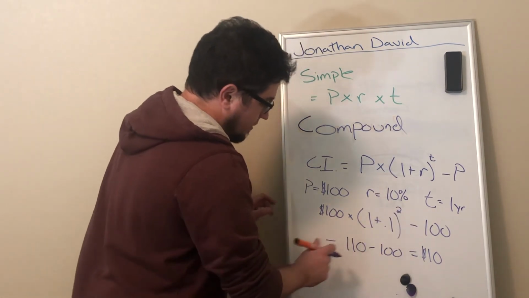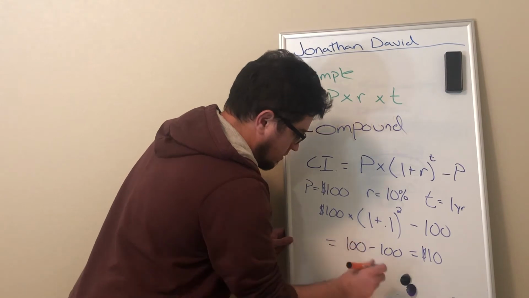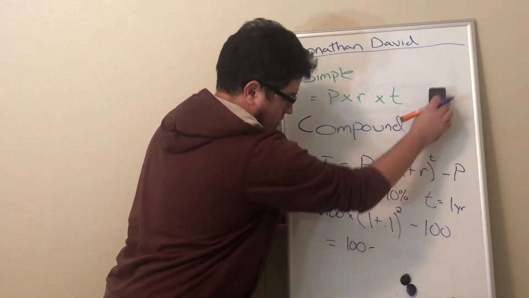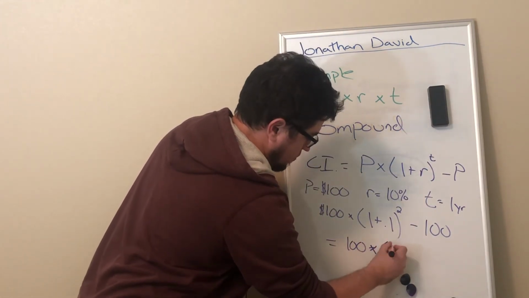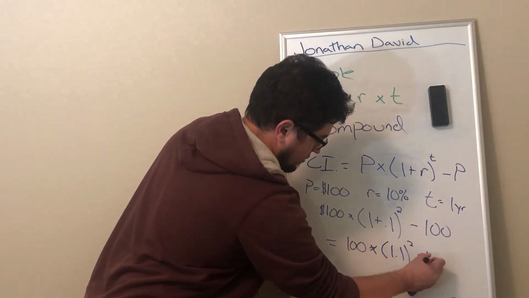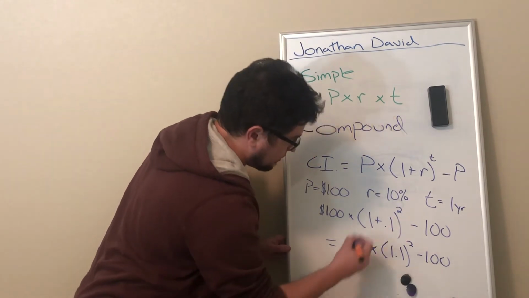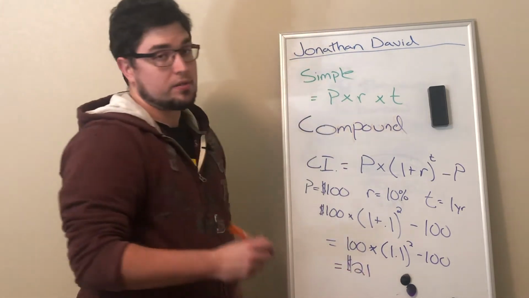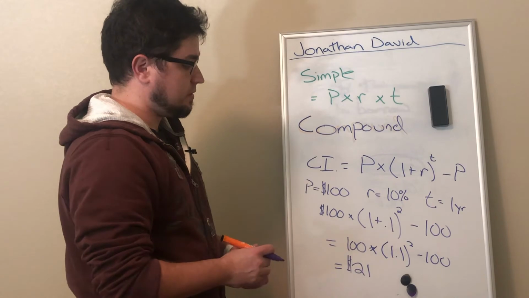If we do the math, it's going to be 100 times 1.1, squared, minus 100. And if you bust out your calculator, you'll find your interest after 2 years is $21. Recall, simple interest was $20, so we have $1 extra that we're paying in compound interest.